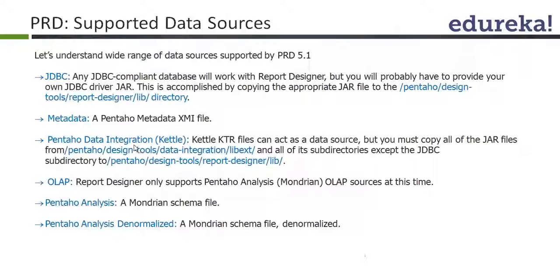Then Pentaho analysis denormalized. So again a Mondrian schema file which will be denormalized. Both are actually the same, the last two. So this is a rich set of data sources which PRD is supporting. We are going to cover JDBC support for examples, from an examples perspective.